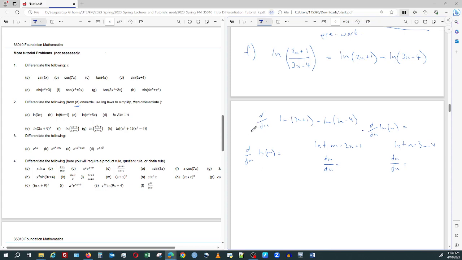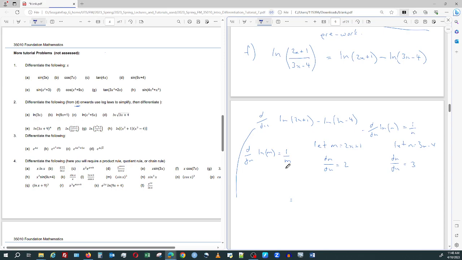So the d/dx will finally come down here, but before we do that, we can do the actual thing. So the derivative of ln m is 1 over m. So that changed together with this one, which is 2. So it'll be 2 over m. This one, which is what I was saying before, this one here is 1 over n, and this one here is 3.